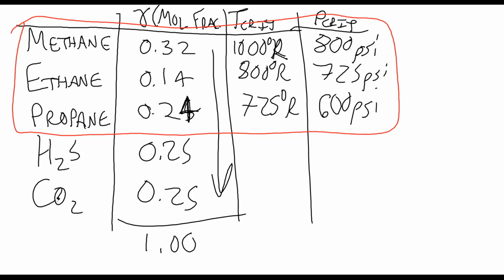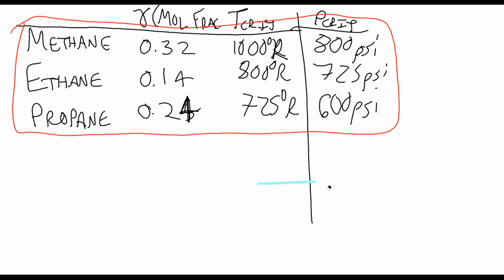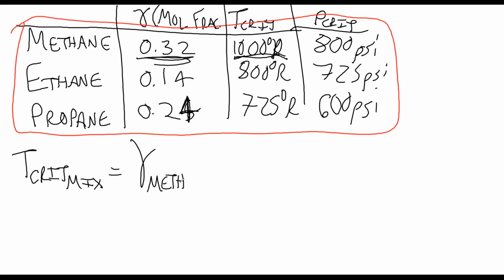So I can do that. I'm just going to erase these guys down here so I have a little bit more room. By multiplying the amount of the mixture that is occupied by that guy by the critical temperature or critical pressure of that particular component. So T crit mix would be mole fraction methane times the critical temperature of methane.